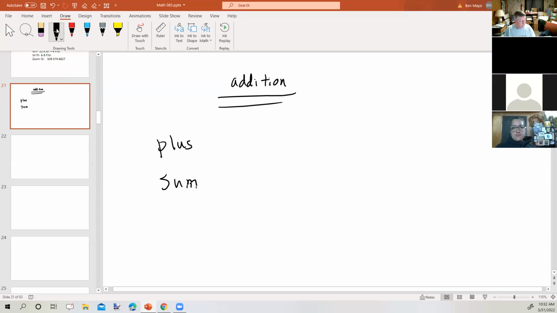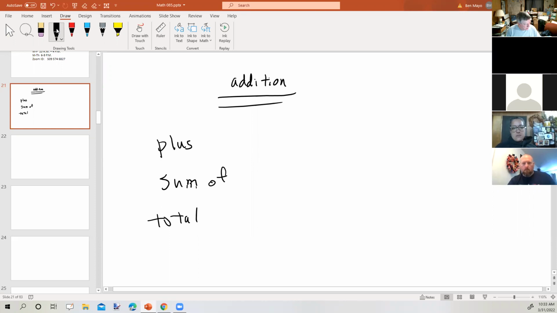Okay, well, in fact, sum is more likely to be sum of, you'd say the sum of 6 and 3 or something. How about the word total? The total of 4 and 2 is 6. So total implies addition, okay?